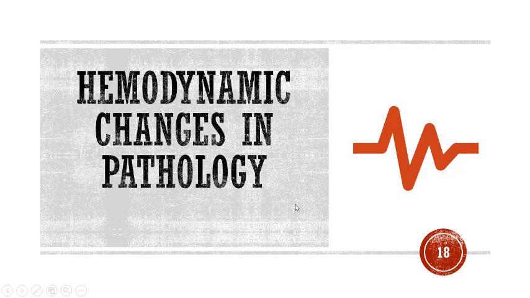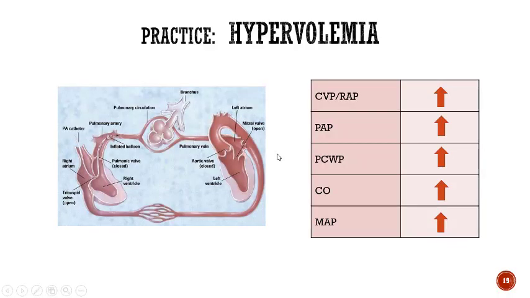All right, hemodynamic changes in pathology. What we're going to do is look at all of those pressures on that handout that we talked about and try to figure out what could be going on in the body. So if we're talking about hypervolemia, which just means high blood volume, you are going to see the central venous pressure or the right atrial pressure be higher than normal.